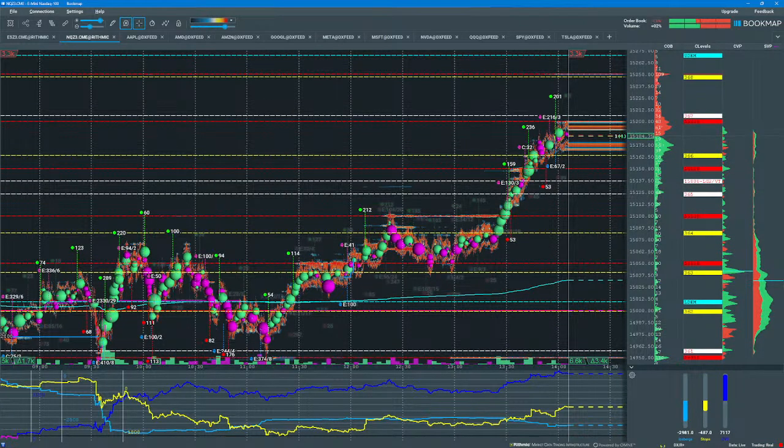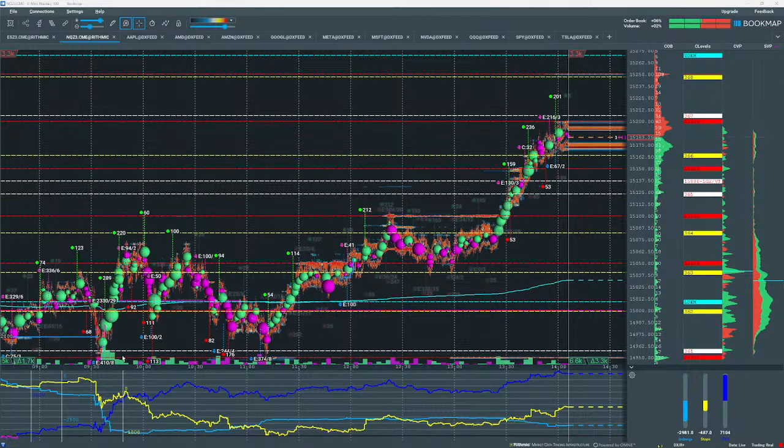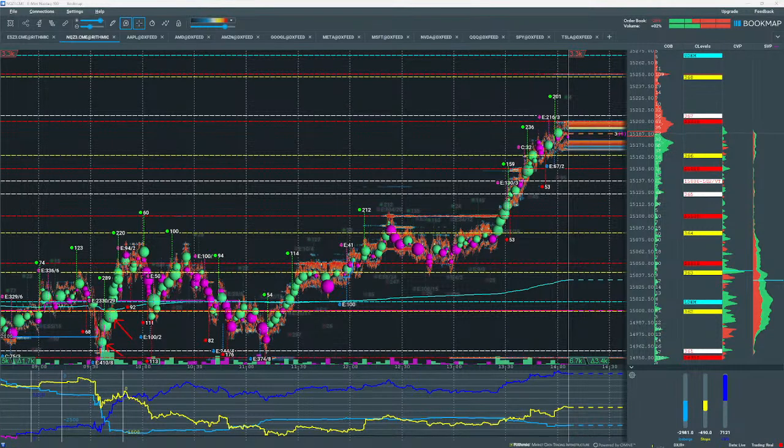So here's the move higher in the morning, just after the cash open, reversal higher at QQQ 361. You can see all the bullish order flow there, large green volume dots as traders were taking positive delta positions.